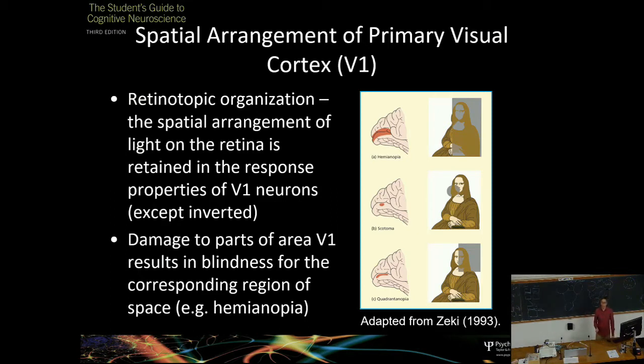But also in the back of the brain, the bottom part of your primary visual cortex represents the top part of space. And then you've got this left-right division, that the left of your primary visual cortex is responding to the right. So it's almost as if it contains an image that is left-right reversed and upside down.